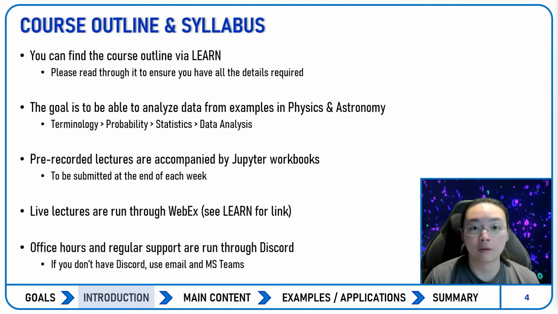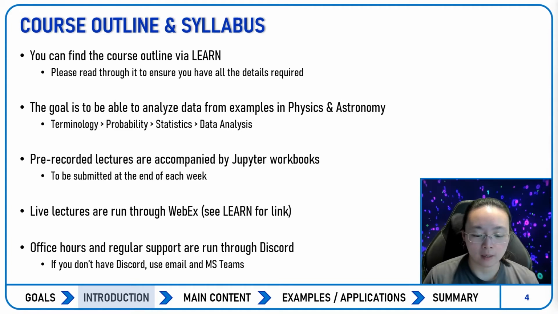So the goal of this whole course is to be able to analyze data from examples in physics and astronomy. And the overall process is really to start with the terminology so we can use that lingo, and then go on to probability, then statistics, then data analysis, and apply all of that towards examples in data collection through different fields of physics.